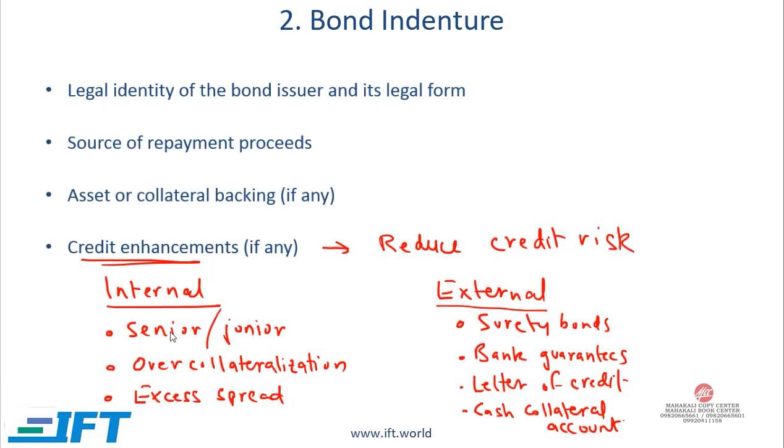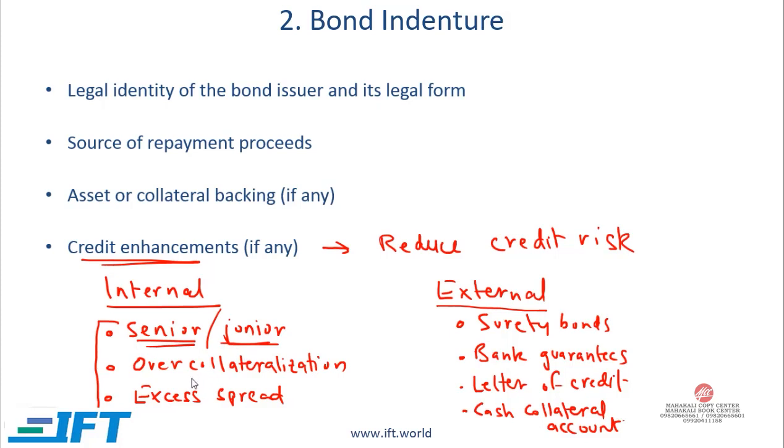Internal credit enhancements could take one of these forms. We could set up a structure such that certain categories of bonds or tranches are protected, and that is accomplished by creating senior tranches and junior or subordinate tranches.